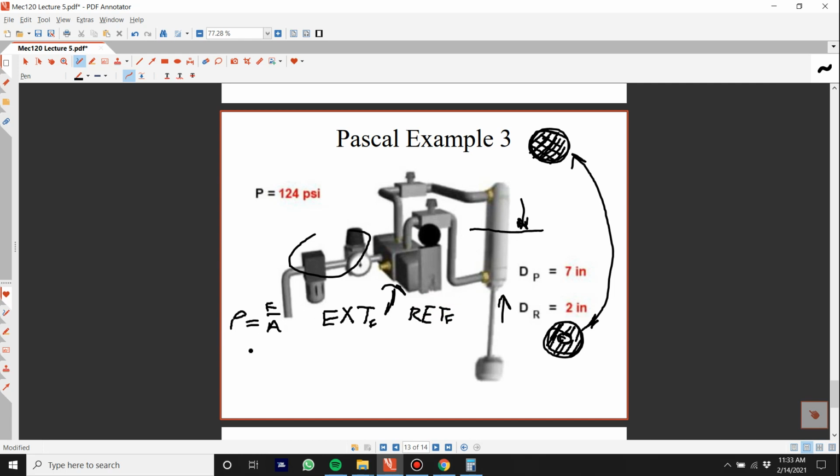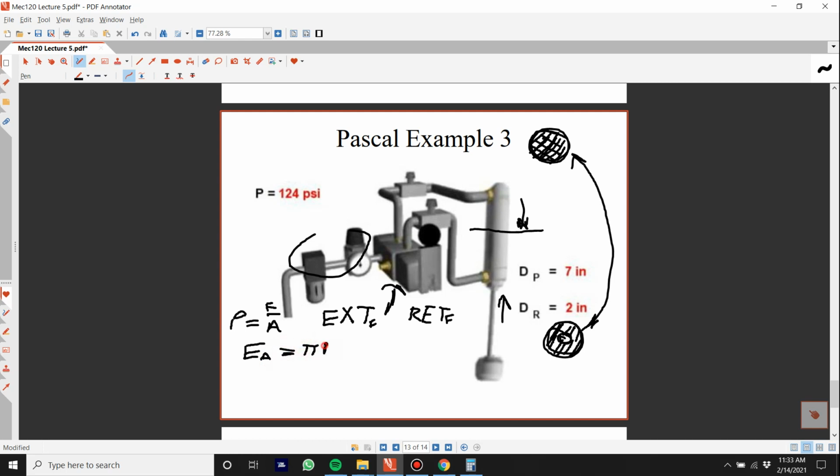So we need to calculate two areas. We're going to calculate the EA, which stands for extension area. There's probably a better word. The cylinder extends, the cylinder retracts.